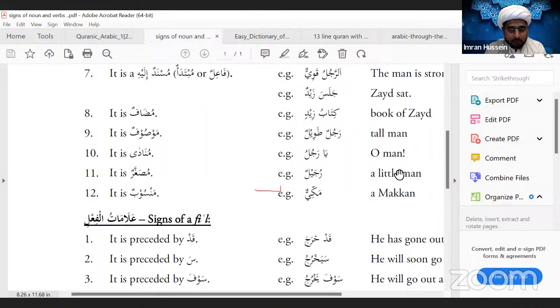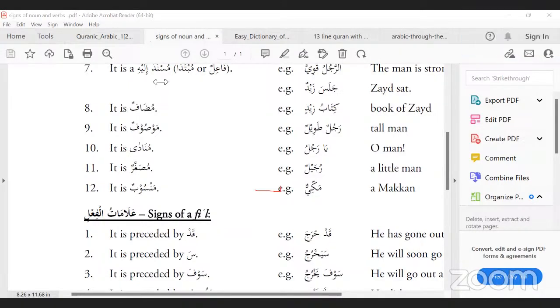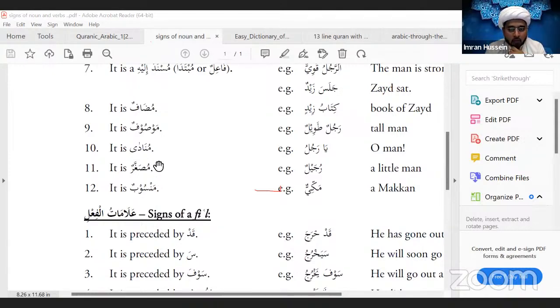Then the other point is this one here. Number 8, I'm going to skip because you will not understand it at the moment. Number 9, you should understand. Number 9 is munada. Munada means there will always be ya before it.